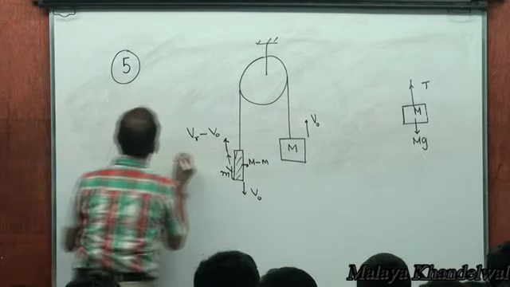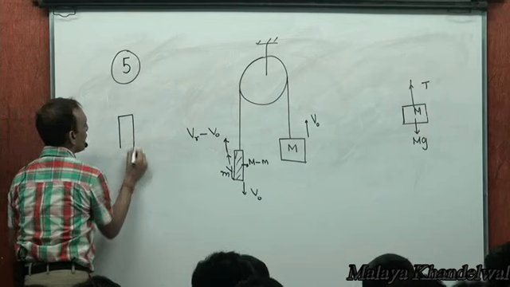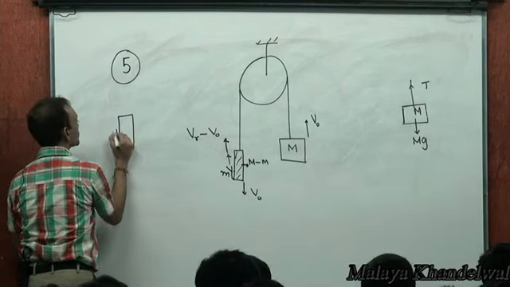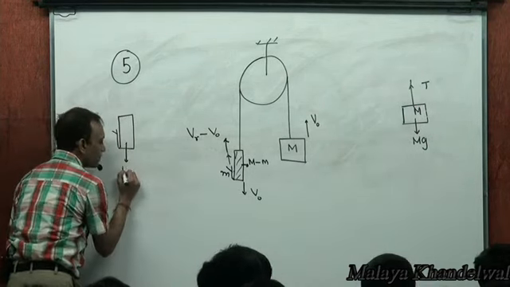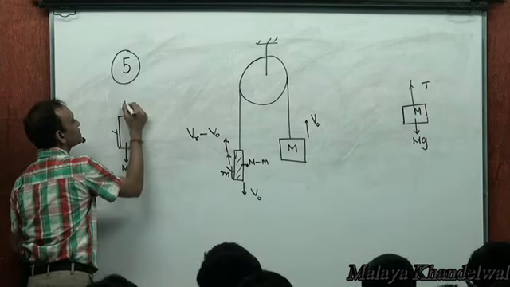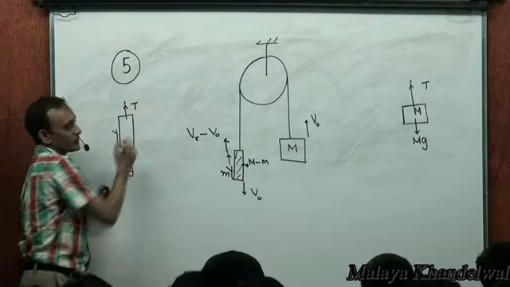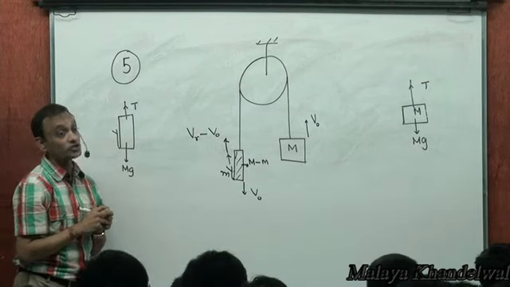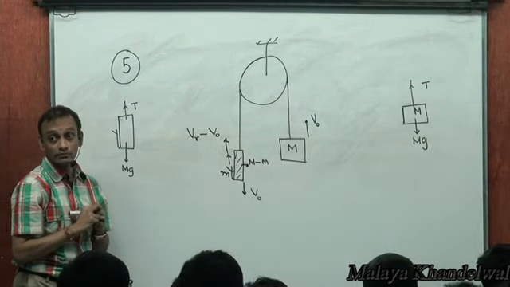On this ladder-man combination, there is total capital mg acting this way and there is tension T acting this way. Yes or no? Right?